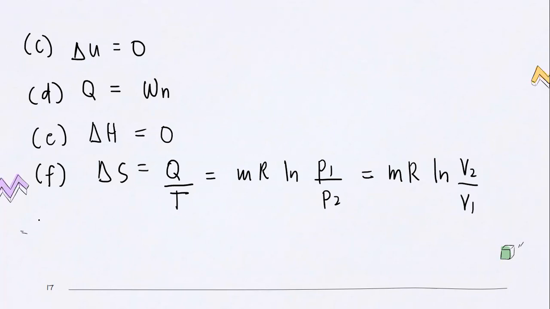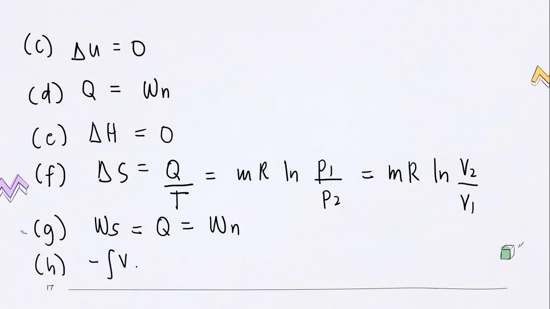Okay, for the steady flow isothermal, your steady flow work is equal to heat, which is the same as the non-flow work. And for negative integral of V dP with the limits from 1 to 2, that is equal to steady flow work plus change in kinetic energy.